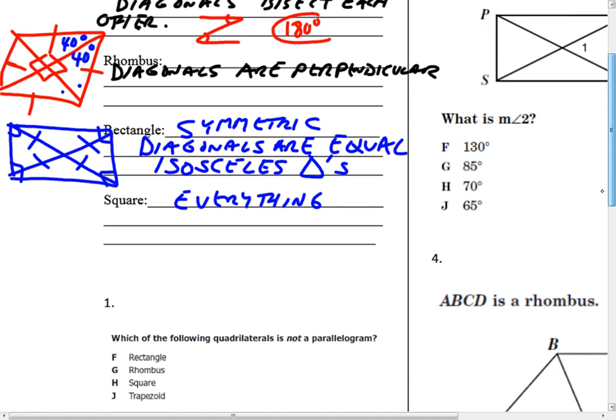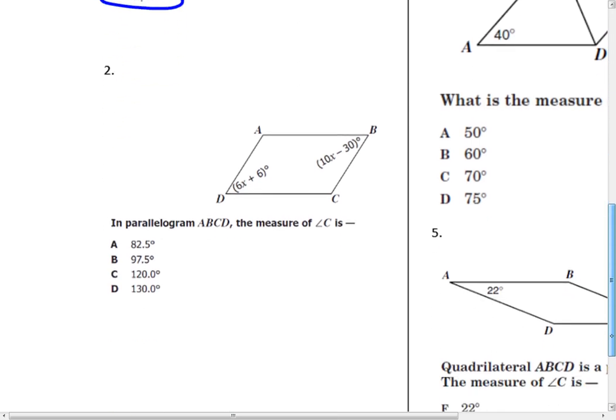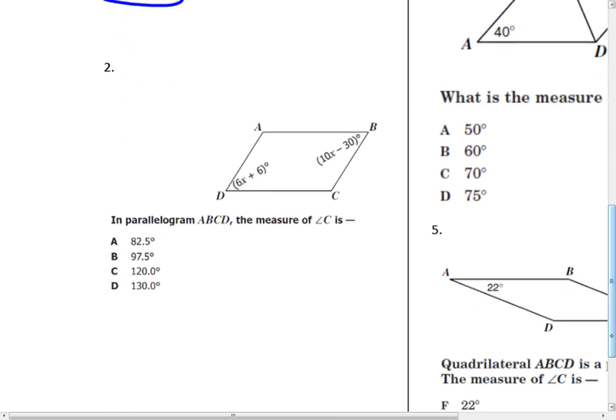So when I get to question 1, which says, which of the following is not a parallelogram, the ones I just talked about are parallelograms. That must be trapezoid. This is a parallelogram. If you look up top in my diagram for parallelograms, we knew that these two angles got to be equal.